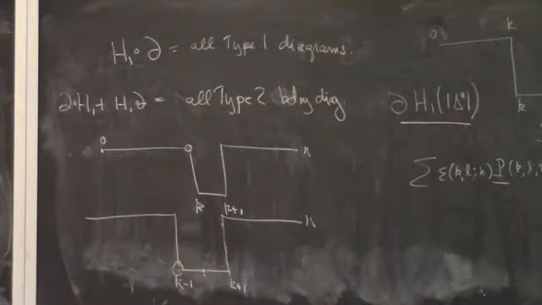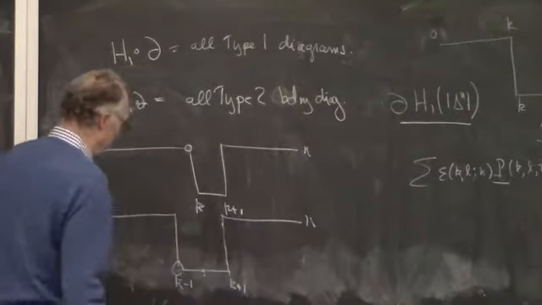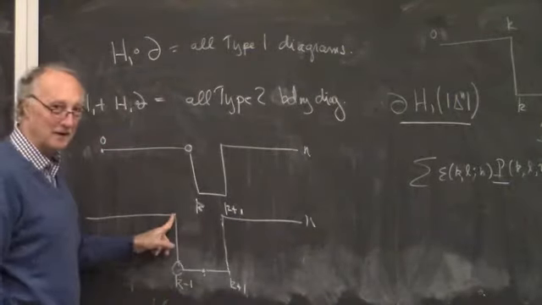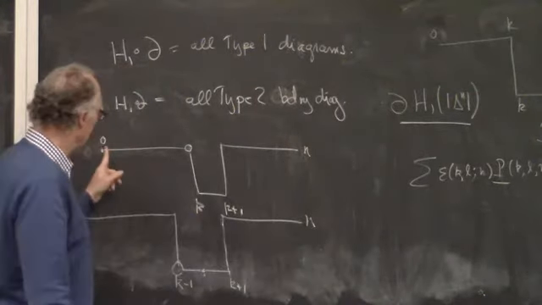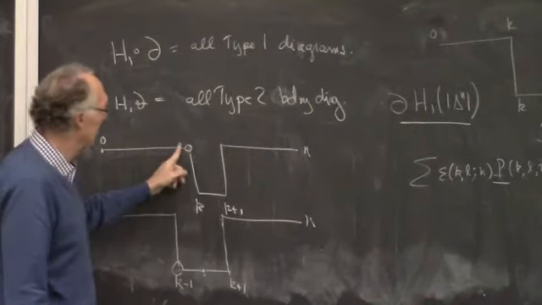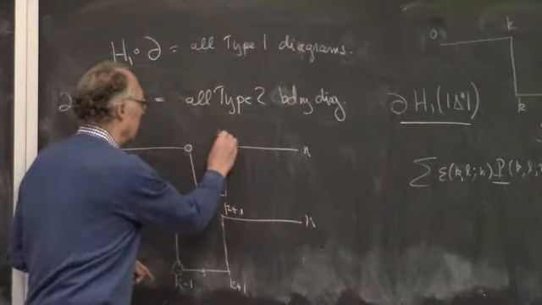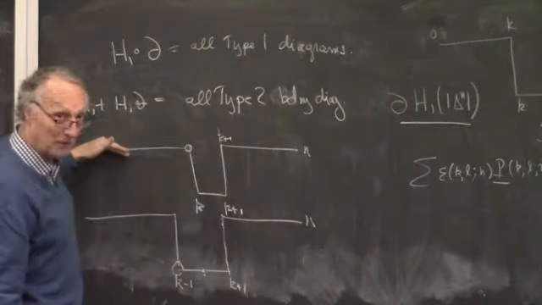So let's just check. What vertices do we have on the top row? Well, we have 0 to k minus 1 and k plus 1 to n. What vertices do we have here? 0, we don't have k, so it's 0 to k minus 1, k plus 1 to n. So the vertices on the top row are the same.